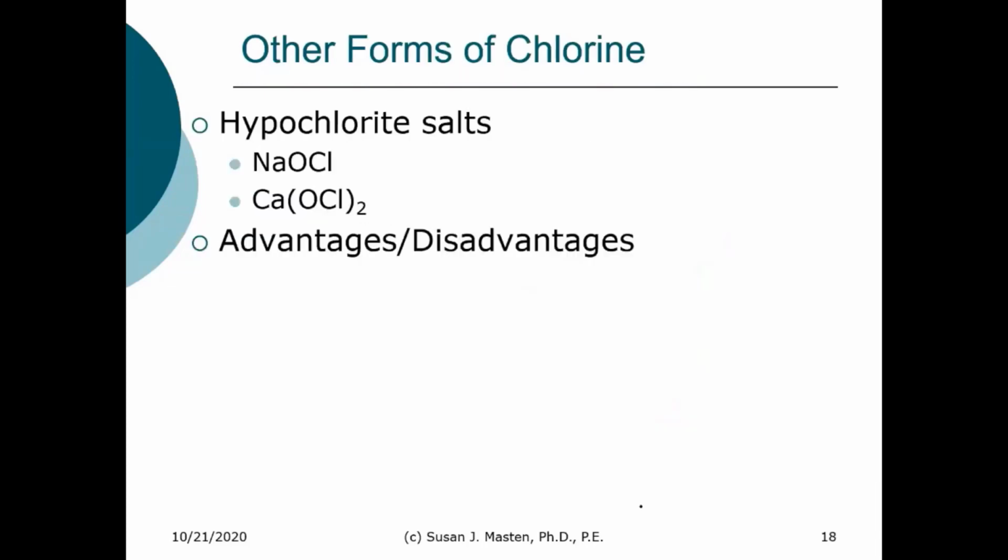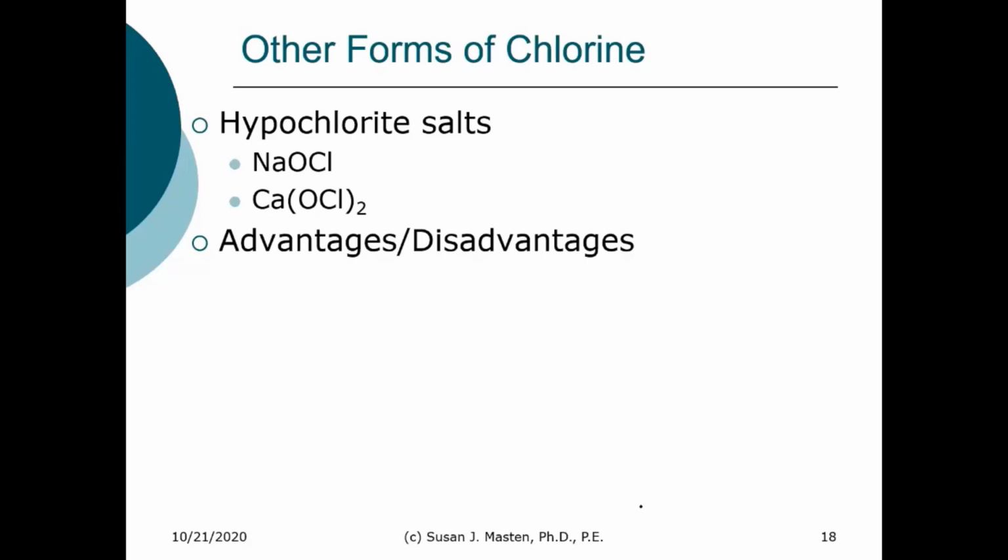Now we can add chlorine. I wrote the reaction as adding chlorine gas, but we can also add hypochlorite in the form of sodium hypochlorite or calcium hypochlorite. Sodium hypochlorite is typically provided as a liquid. It is bleach.